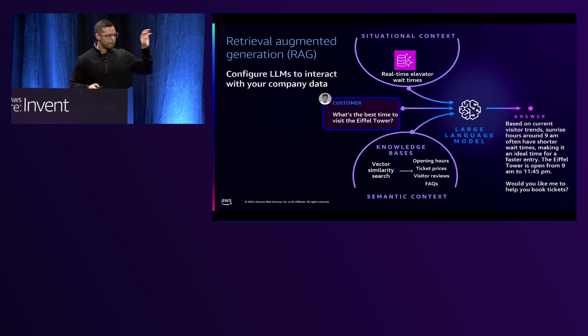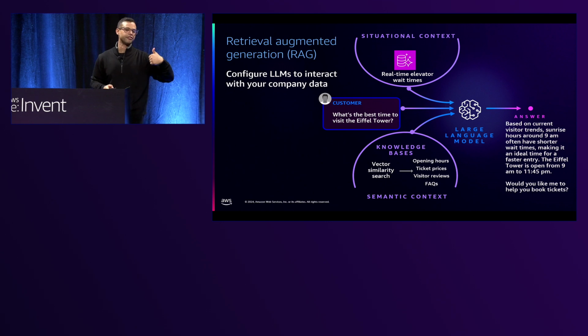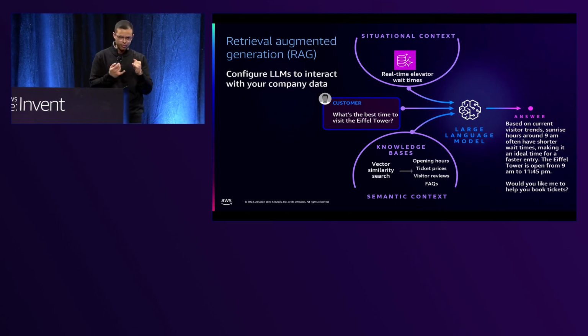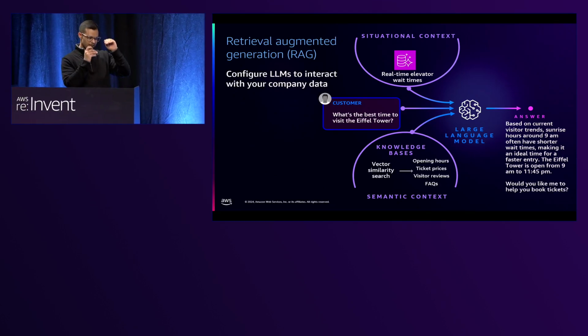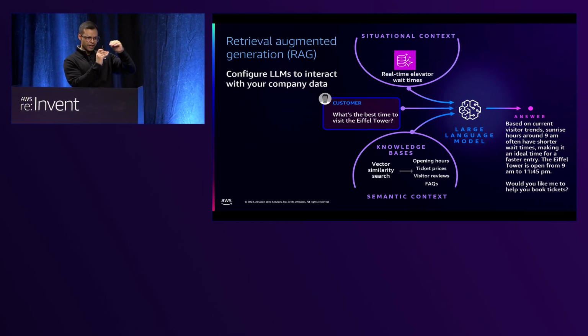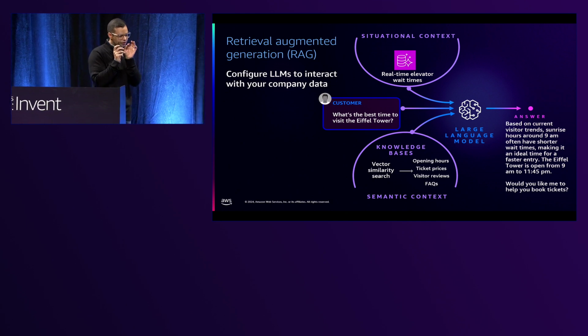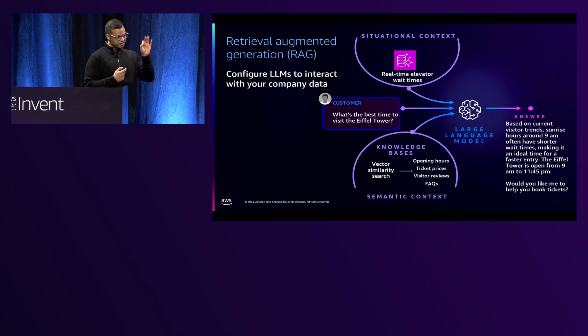So this is based on the dynamic context, which is your situational context, real-time elevator wait times, based on static information, which is opening hours, ticket prices. I can recommend early morning hours, between 9 a.m. to 10 a.m., is the precise time you should go where you'll see the shortest wait times. Now, the bot is also helpful enough because we've instructed the prompt in such a way that it comes back with a helpful follow-up. Would you like my help to book your tickets? Right?